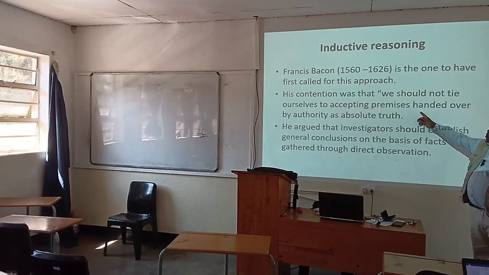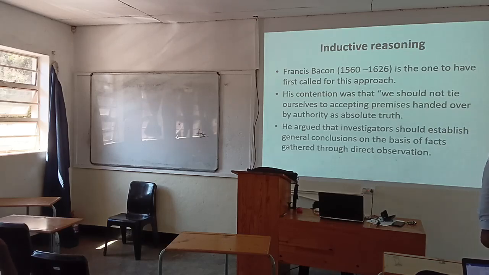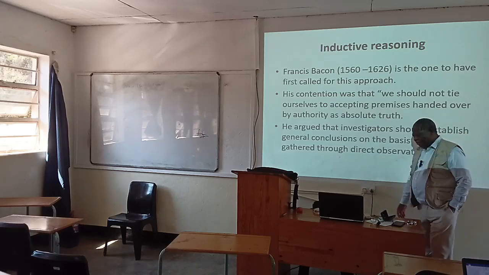So for Bacon, the facts we should be using should be those based on observed knowledge. Okay? So if you establish your conclusions on the basis of facts generated from observation, then you will be in a better position.